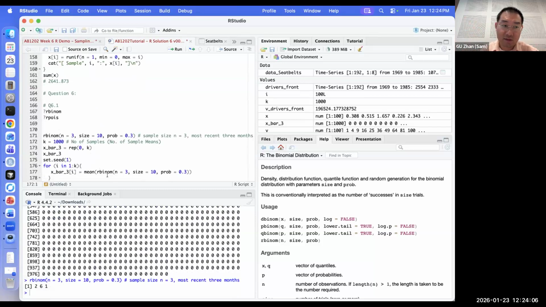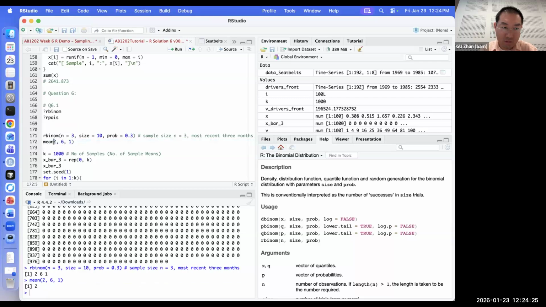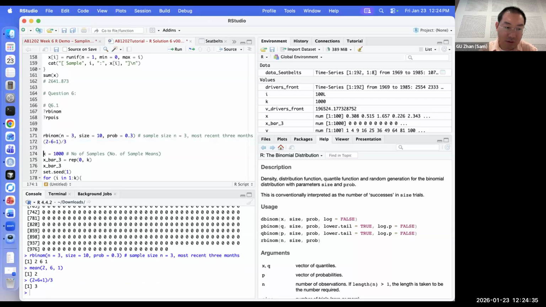So you add them together and divide by 3, which is the mean value.